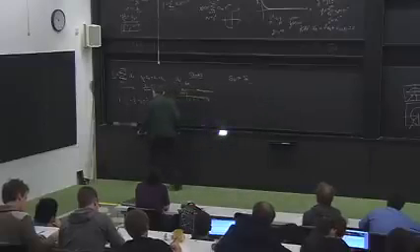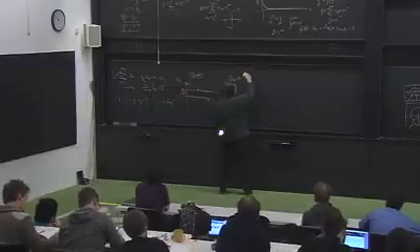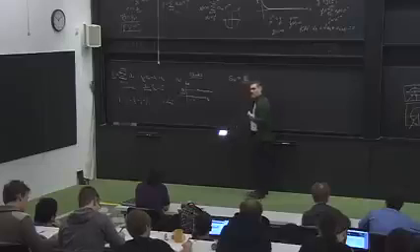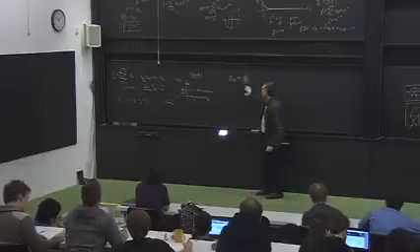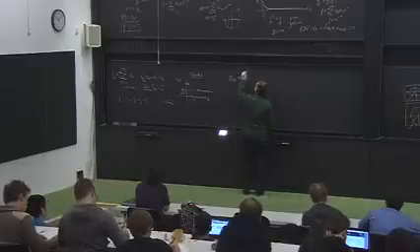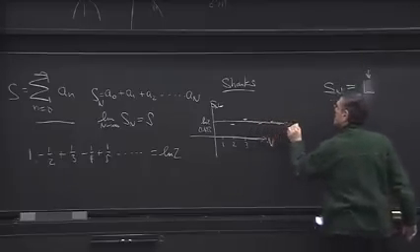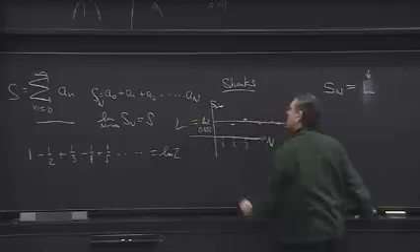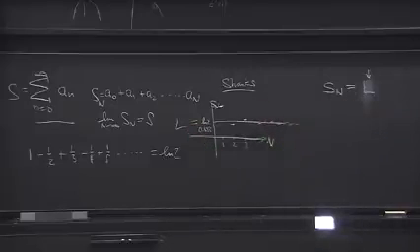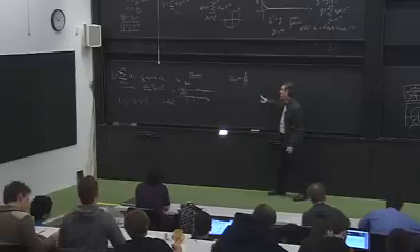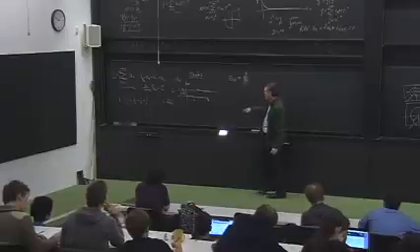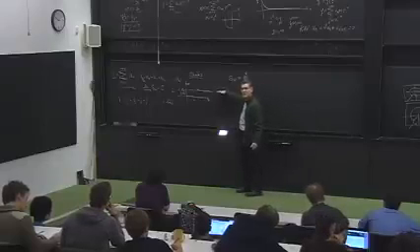Why don't we use the letter L for the limit of S sub n? That's the sum of the series, this limiting value. We'll call this L. Okay, you following me? So it's approaching some limit, but you notice that it's oscillating about the limit.